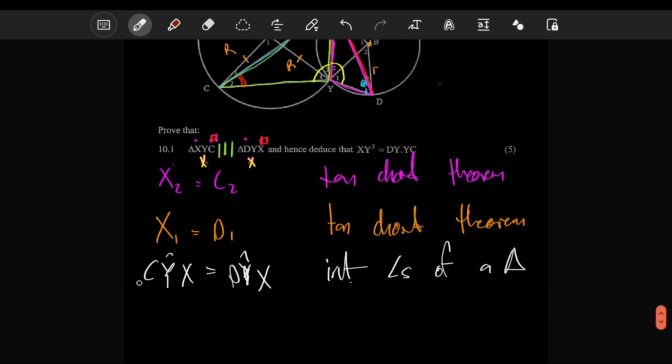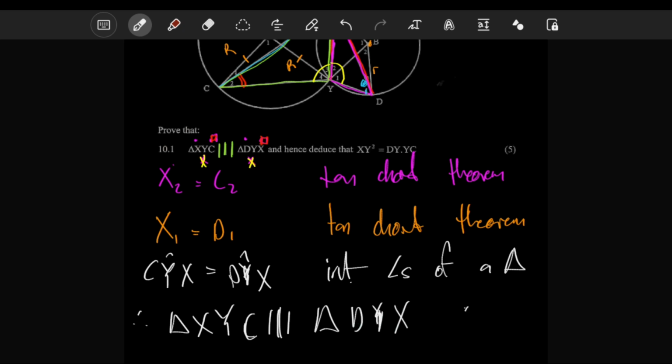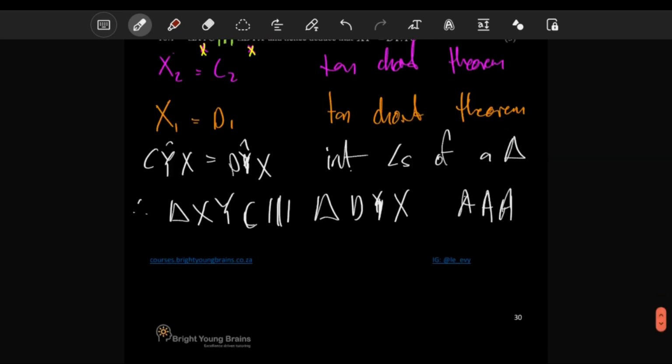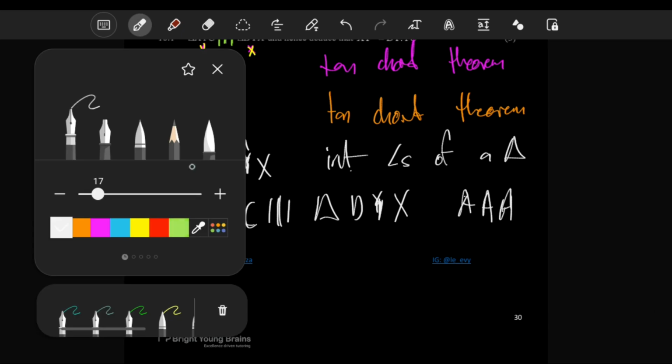So here we've proven similarity. Here you can then say, therefore, triangle XYC is similar to triangle DYX. The reason is angle. You've proven that all three angles are equal to each other. So that is fantastic, man.